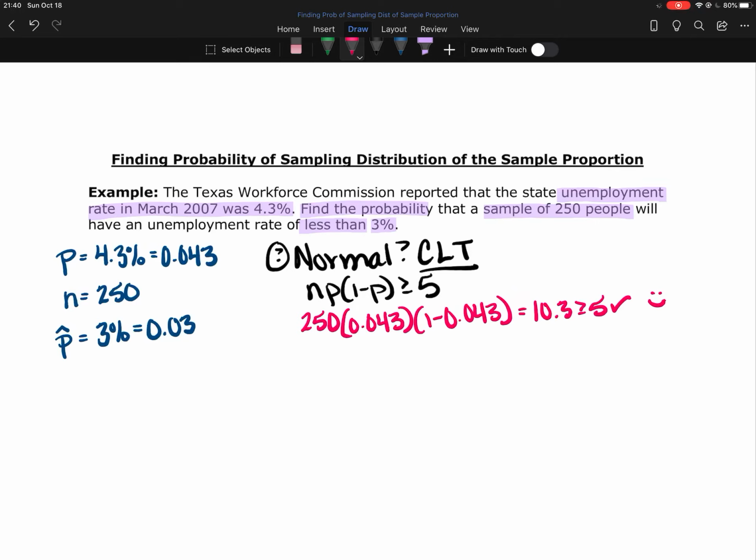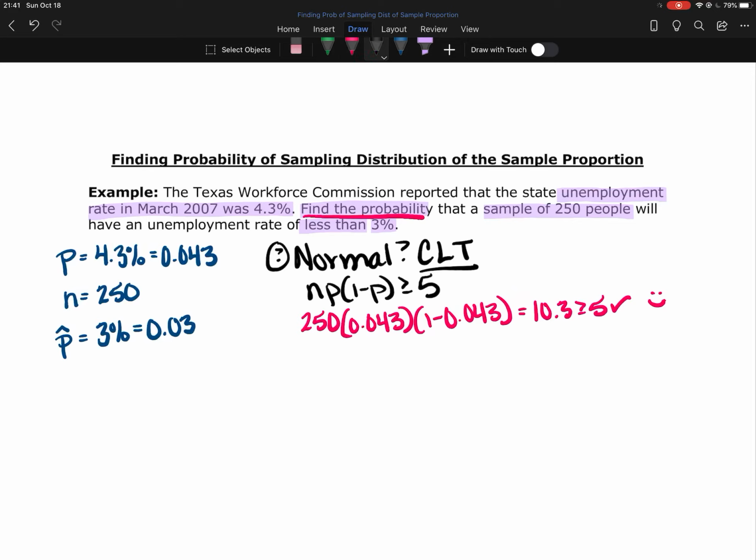So that means that I can use the 4-step process for finding a probability, because that's what this problem is asking me to do. Find a probability. I have a normal distribution, so I'm going to go into that 4-step process.